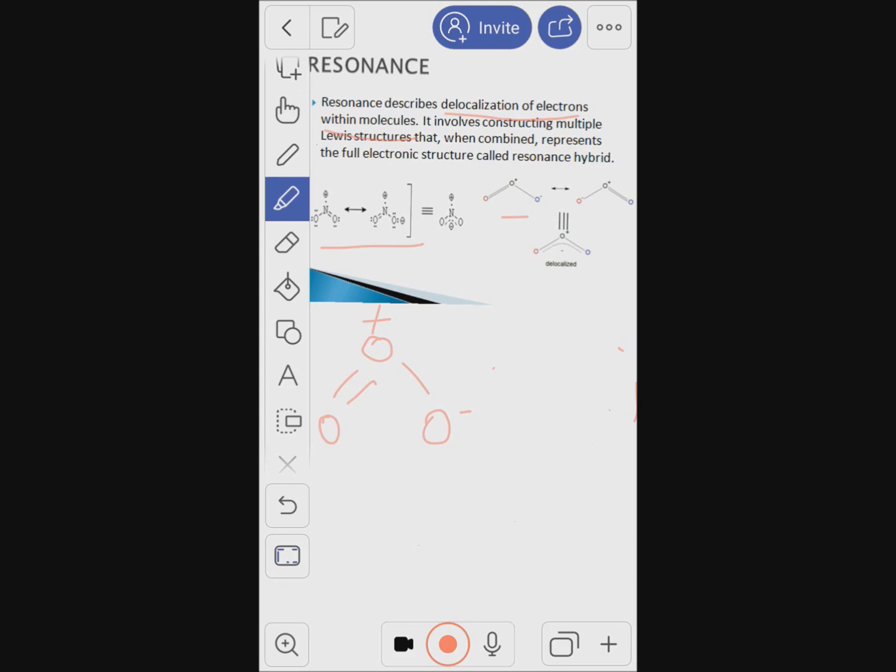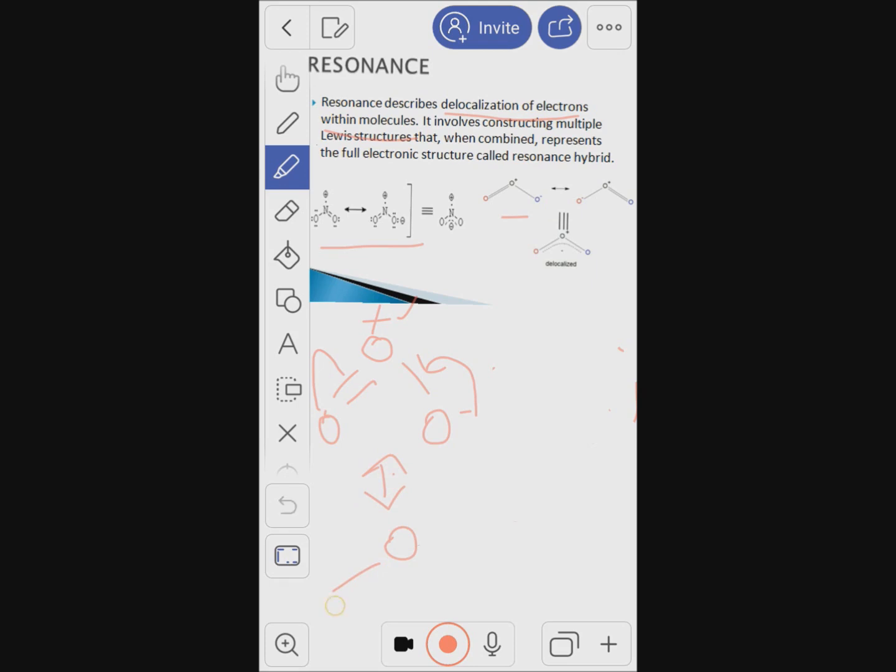That's why it carries plus charge, and these electrons are transferred to the single bond, and this double bond is transferred to the other oxygen, and it forms another resonating structure like this.